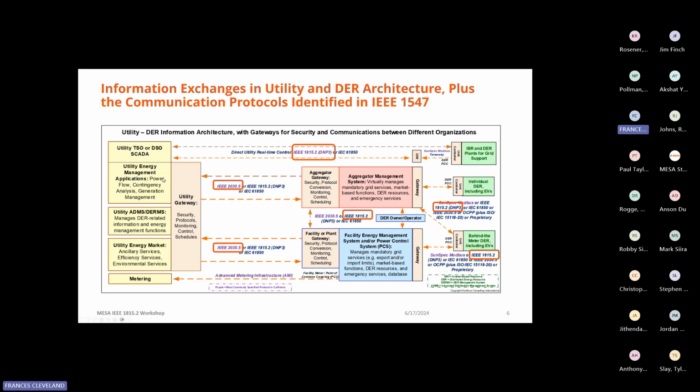But you can see, if you have a utility transmission system or distribution system that has a SCADA that's going to directly interact with a DER, that's one area that is very conducive to using 1815.2.